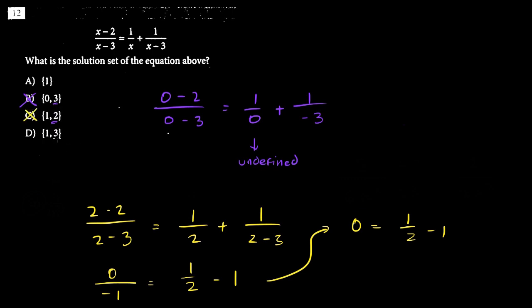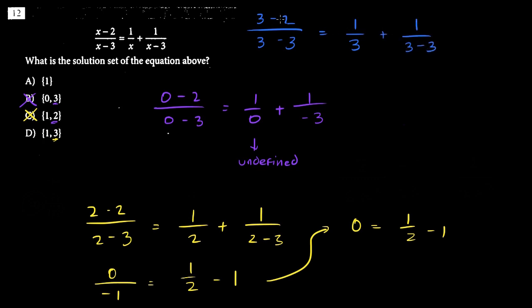And so now let's test 3, if 3 is a correct solution. So we're choosing between A or D, right? And so if I replace that, so 3 minus 2 over 3 minus 3 equals 1 over 3 plus 1 over 3 minus 3.